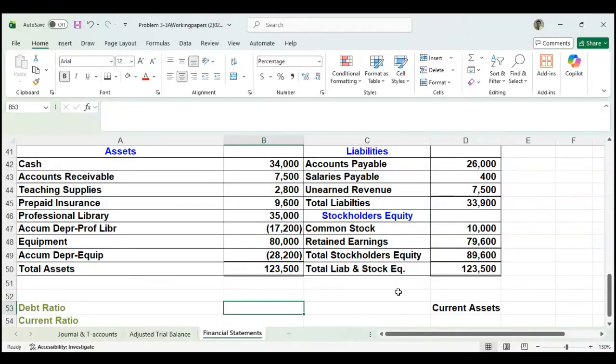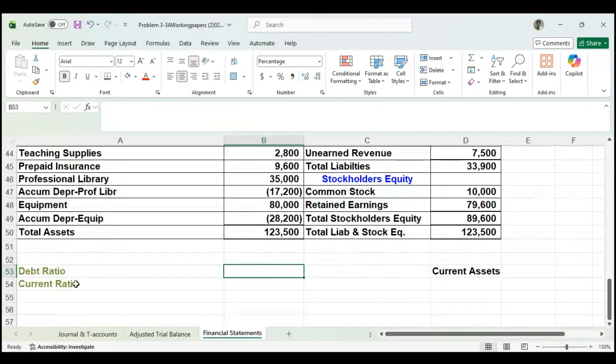So we can be pretty confident that we're good here. All right. So with our balance sheet in balance now, we can do some more ratios. Again, there's lots of these. We're just going to focus on the debt ratio and the current ratio.